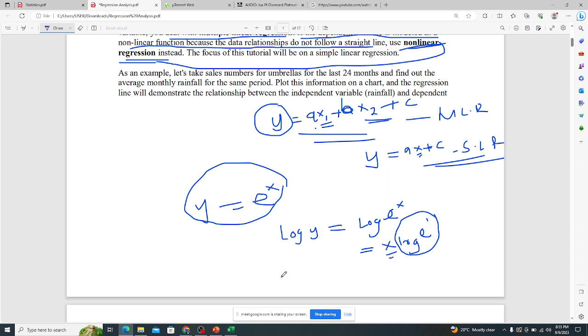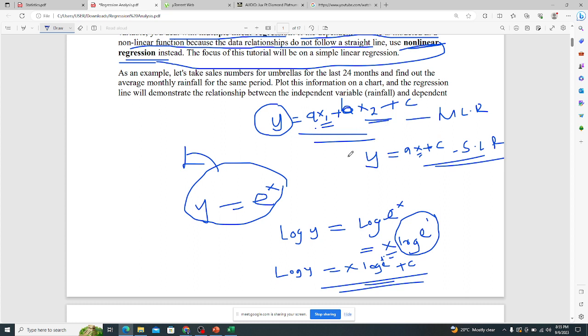So our final linear equation will be log y equals x log of exponent of 1, plus a constant c. And you can see now we are having a linear relationship. We had an exponential relationship, but now we've converted it to a linear relationship by applying a logarithm.